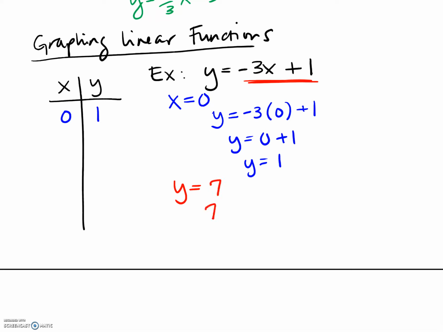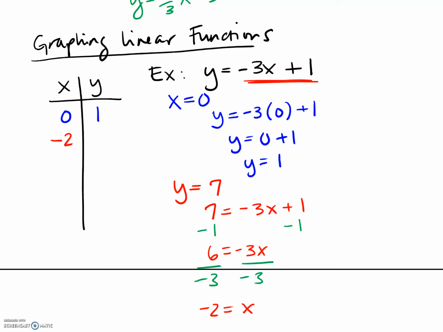And that just means I'm going to plug in for y instead, and then I'm going to have to work my way backwards to figure out what x is. So not necessarily the most clever thing to do, but by no means a problem. Because then I can still work this out and find that this is true. We get x is equal to negative 2. So negative 2, 7 is also a point.